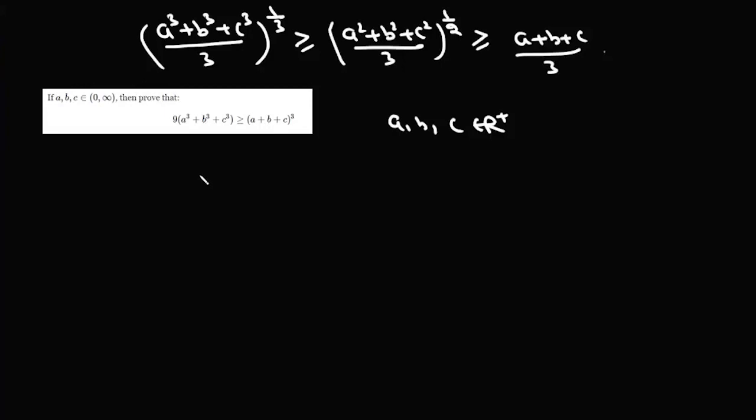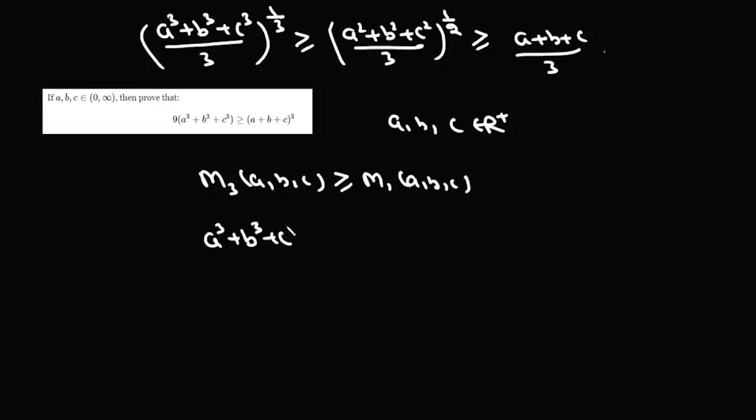Now we know that m3(abc) will be greater than or equal to m1(abc). Now m3(abc) is a cube plus b cube plus c cube upon 3, to the power 1 by 3, and will be greater than or equal to a plus b plus c by 3.